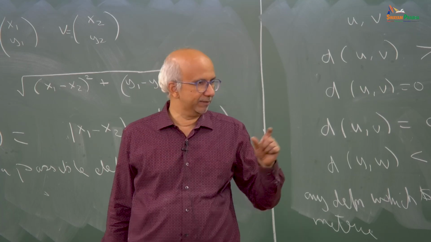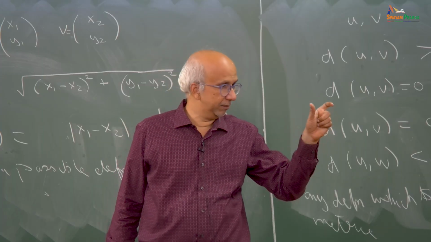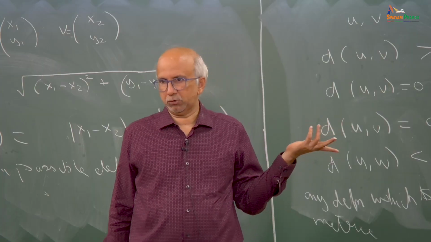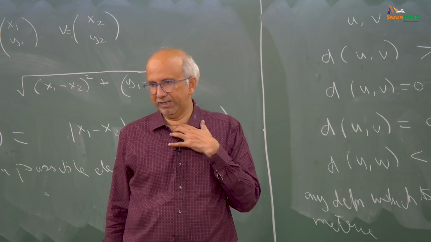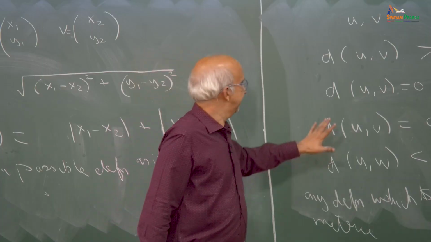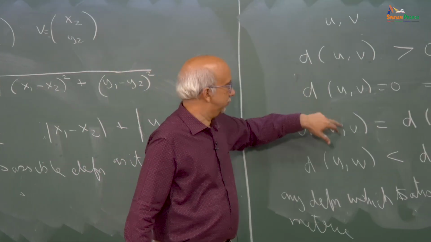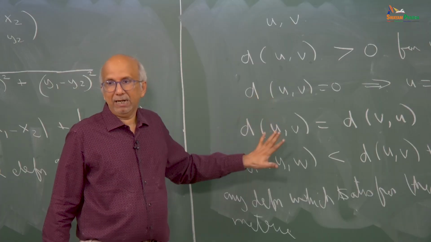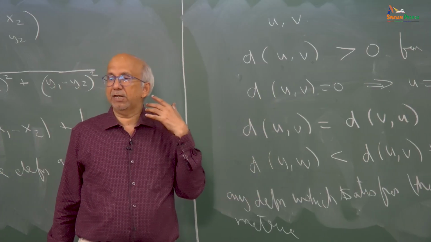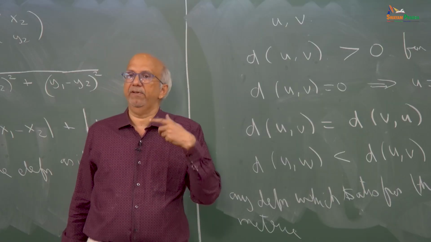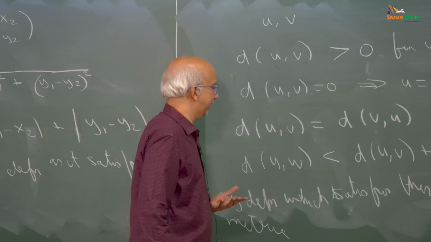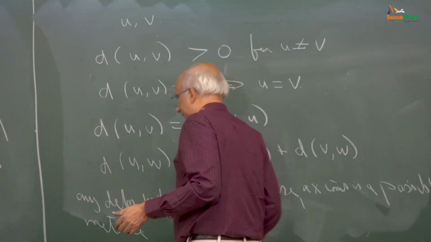In the vector space, I said it should be closed under scalar multiplication and vector addition. Here there is no concept of scalar multiplication and vector addition, right. So, a metric does not have to be defined in a vector space, it can be defined in a general space.